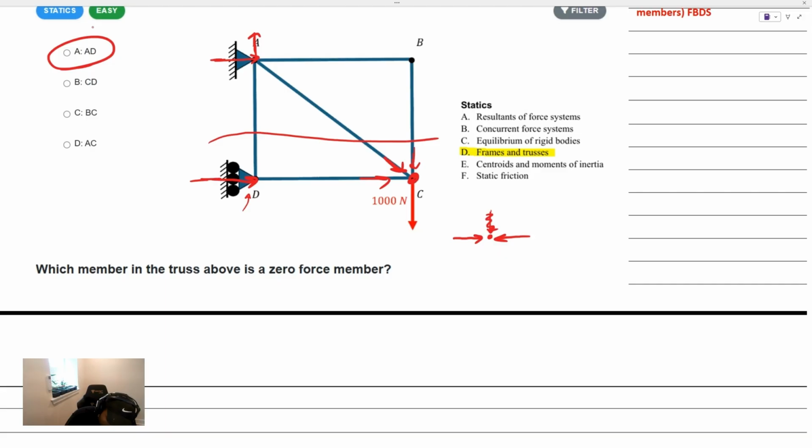And when we expose this reaction force here, which is pointing towards or away from the joint, this force in member AD must be equal to zero to produce a zero valued moment when we sum the moment about this section that we have. So that's kind of two ways to think about the problem.